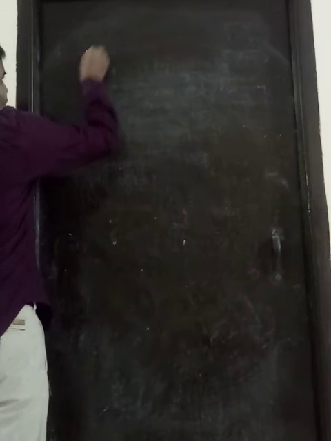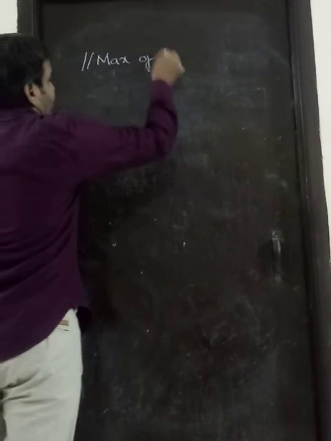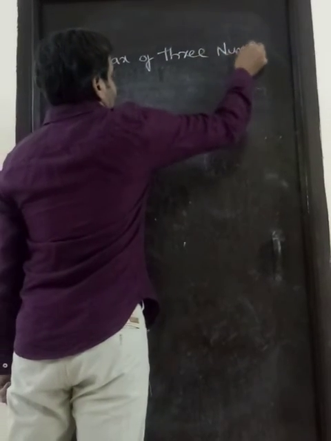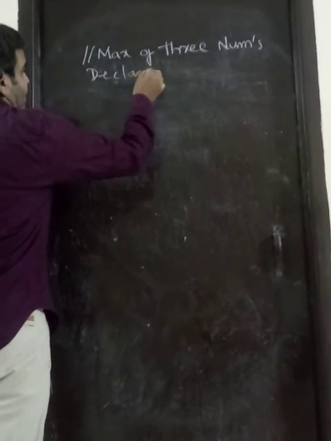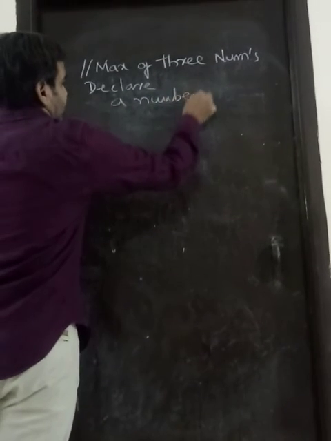Question is maximum of 3 numbers. So first declaration of variable, declare A, number of 3, up to 3 digits we are taking.